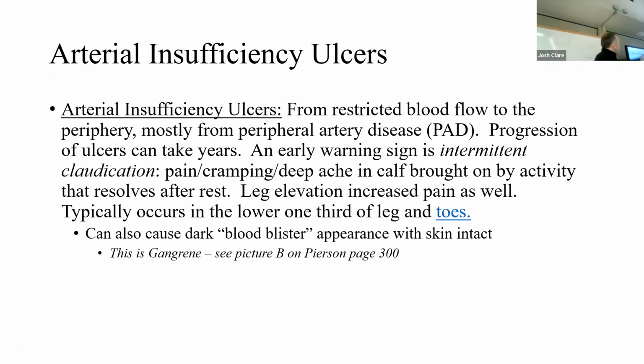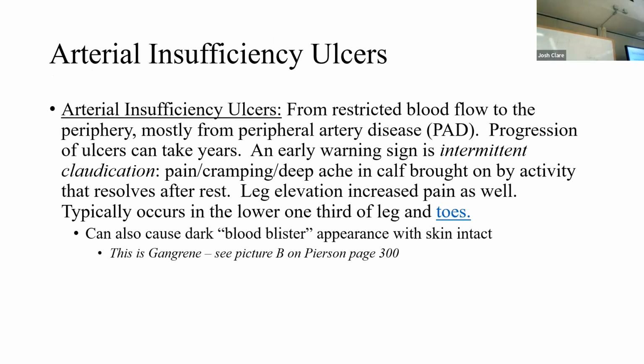So arterial insufficiency, restricted blood flow to the periphery, mostly because of peripheral artery disease, PAD. Usually it's focal to one area, although it can be a lot of different places as well. Progression of the ulcers can take years.